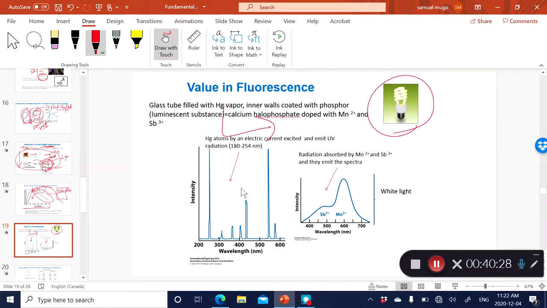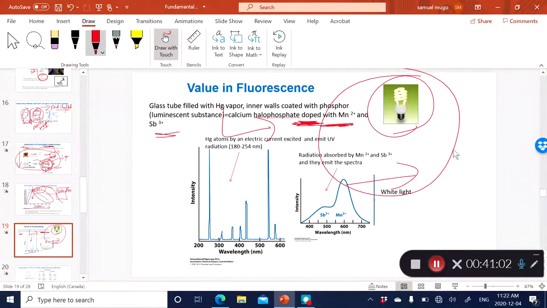These bulbs also contain luminescent substances, such as manganese and antimony, which tend to increase the light that is emitted. So you can see the mercury can be excited. It relaxes to give you UV radiation. The UV radiation gets reabsorbed by the luminescent substance, and it gives off white light. And that's how you end up with a fluorescent bulb.